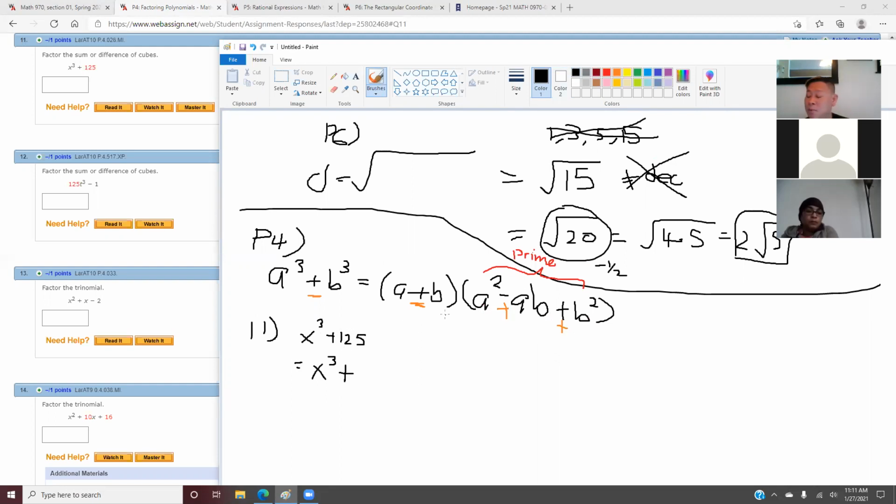What number, when you multiply 3 times, gives you 125? 5. 5, yep. So in this case, this will be your A, and this will be your B. So you just put this into this formula. The first factor you have is A plus B. A plus B is x plus 5.